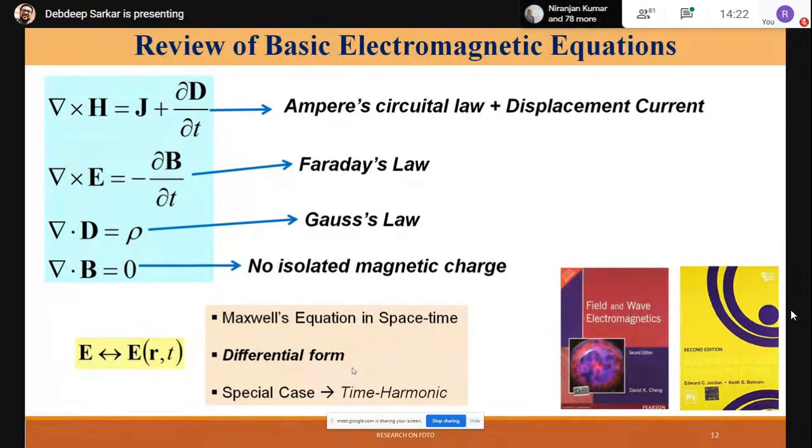And when we do our textbook study, we generally go into the time harmonic case, where we assume that the time variation of these variables is something like e power j omega t. But you should understand at this point that e power j omega t is not exactly a finite time signal.